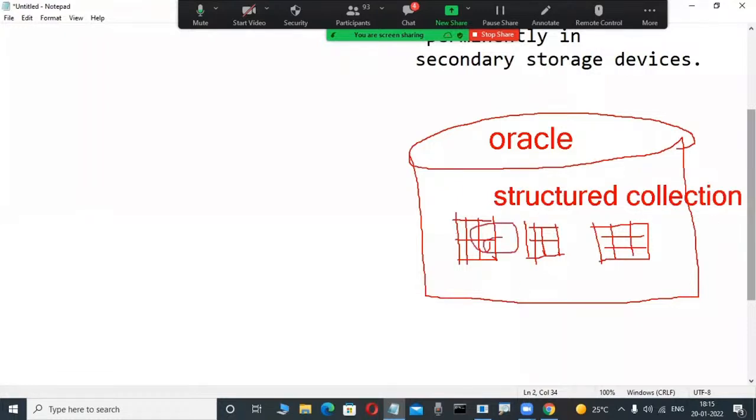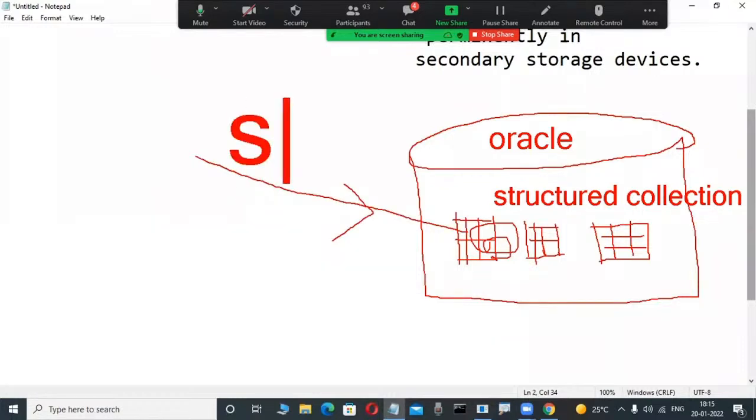Once we have a structured collection of data, to operate on this data some language is required. What is that language? Maybe anybody has an idea? SQL, structured query language. Through this language only, we operate on structured data in relational databases.